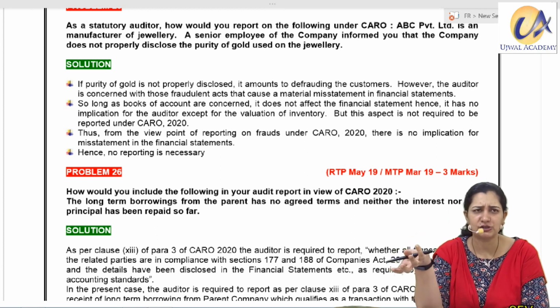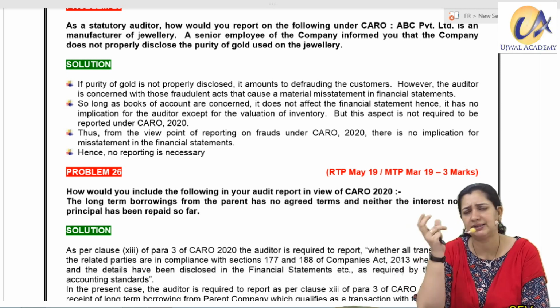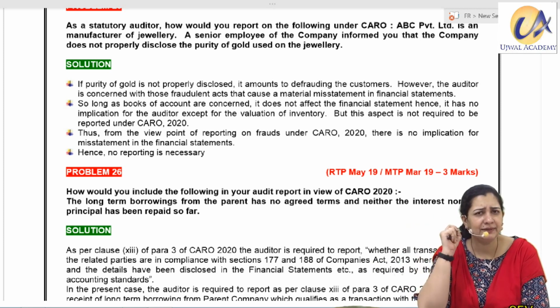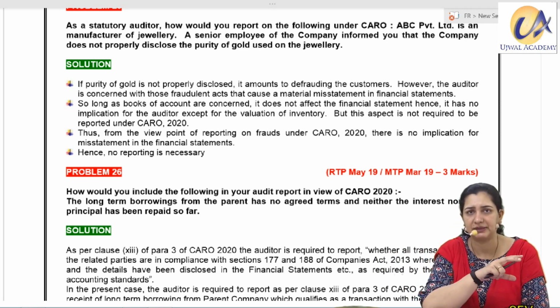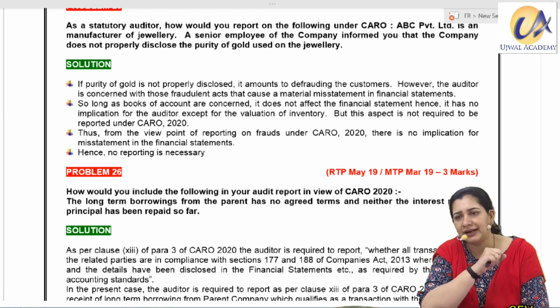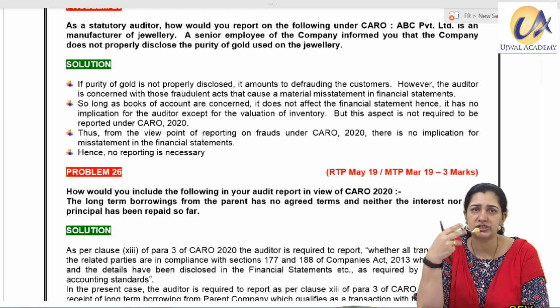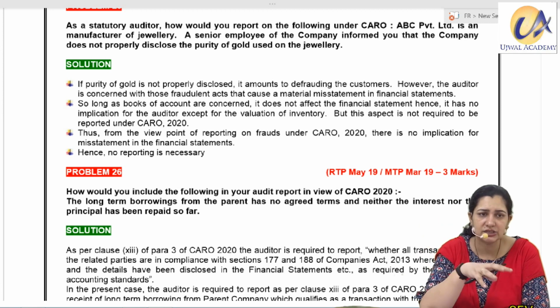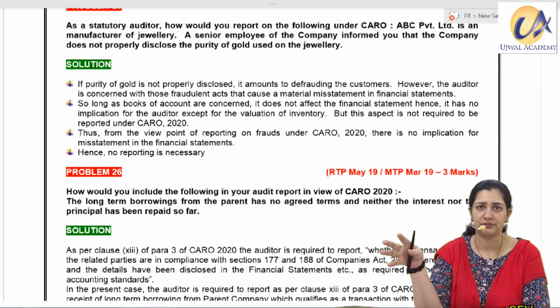A normal question, if I ask you, is it a fraud? You will say, yes, it's a fraud. Normally, any student thinks like this. But this is not a fraud which is affecting the financial statements. Understand that. Not writing the purity on the jewelry does not change the jewelry's nature, amount, or anything of that sort.